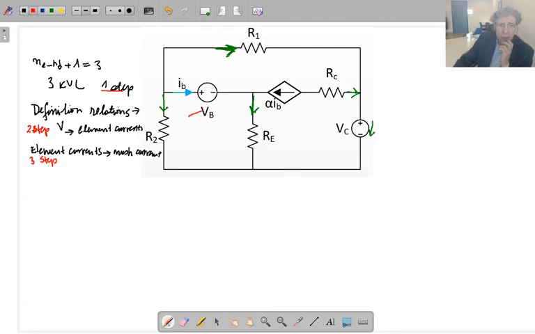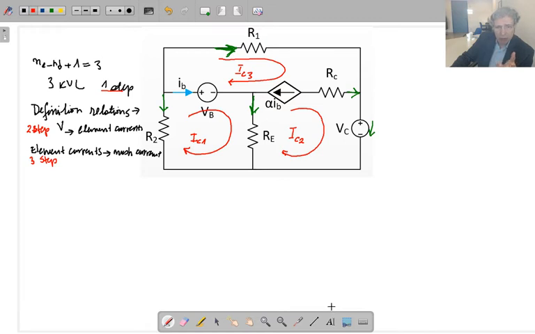So this is mesh 1, and mesh current is IC1, let's say, and the second one IC2, that's the second mesh current, and this one IC3, third mesh current. Now what we are saying here, but choosing the direction, otherwise we can't write the equation, we said.